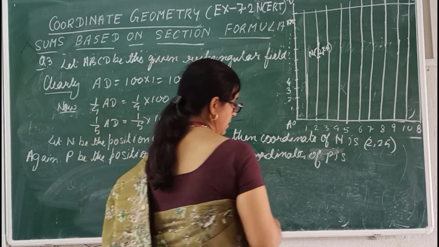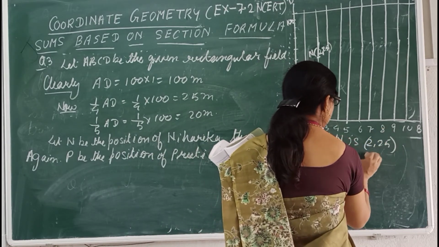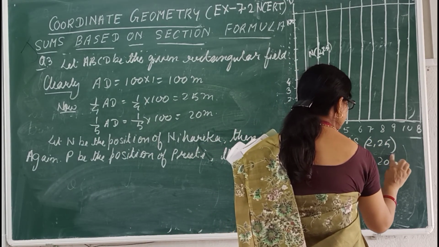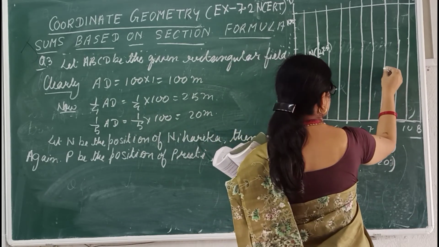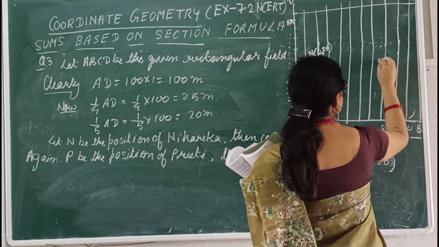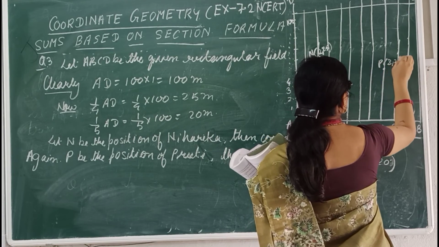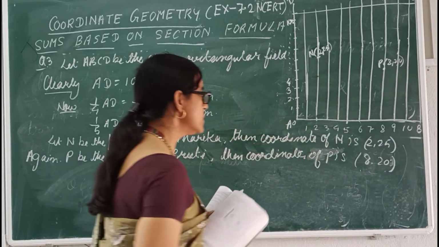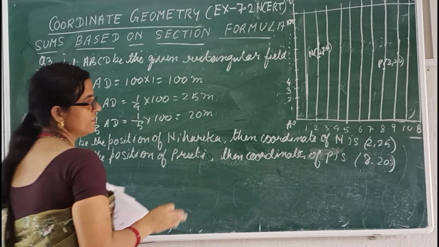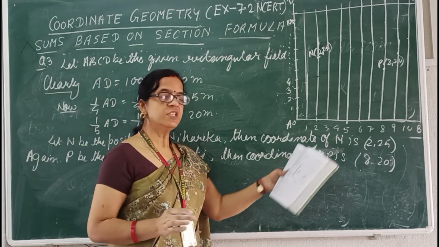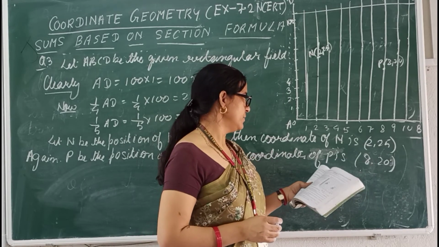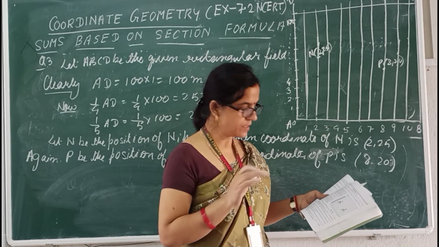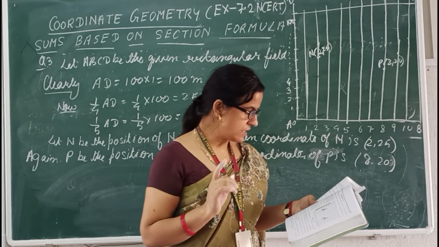On the 8th lane. So Preeti, 8th lane and 20 meter. So 8, 20. So if I take this one as 20, then it's P and 8, 20. So by reading the question, we have got the coordinates of the position of Niharika N and Preeti P. Understood?